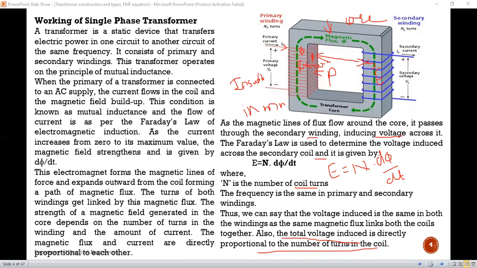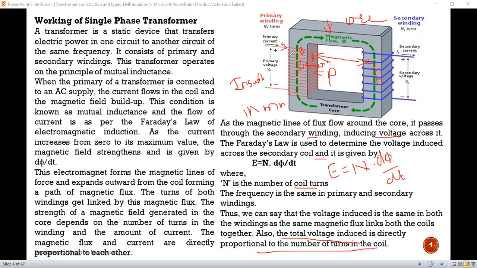The silicon content is maximum, and these are laminated from each other to reduce the hysteresis loss. Now there is another type of loss, the eddy current loss, and this eddy current loss can be minimized by laminating the core.